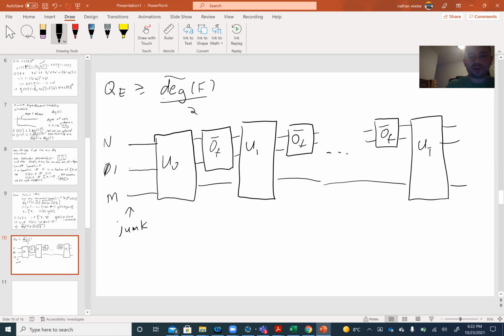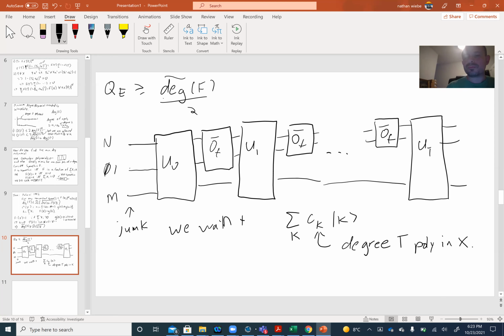In any case, the way that this proof ends up going is we want to show that the states that are generated by this are of the form sum over k of c_k |k>, where c_k over here is a degree t polynomial in X. Okay, so that's how we're going to go through it.